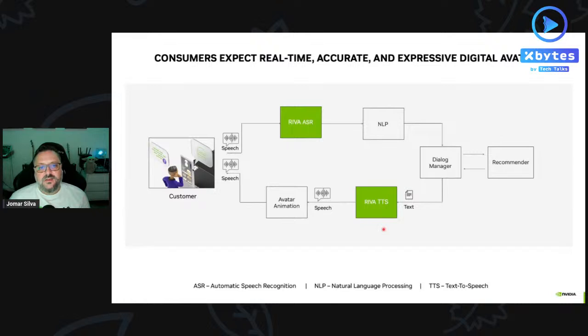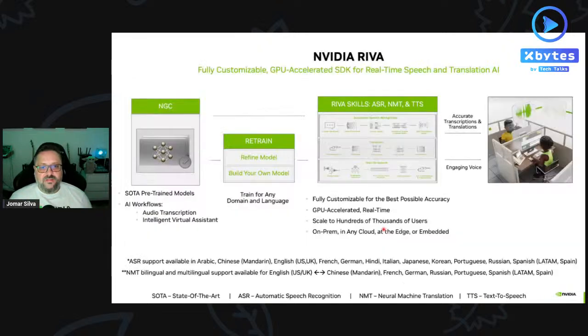Just to give you an idea, there are a lot of drive-thrus today all over the world that are replacing humans on the other side of the microphone with technologies like this, and it's very adaptable and able to be used in those kinds of environments. Imagine that you have a lot of noise, different audio qualities, and Riva can handle all this.